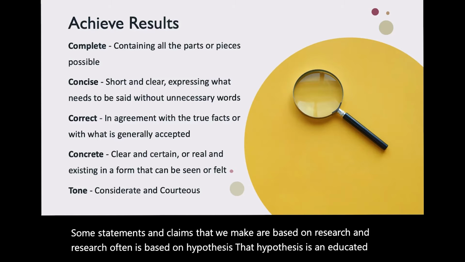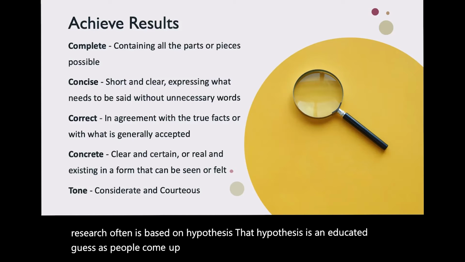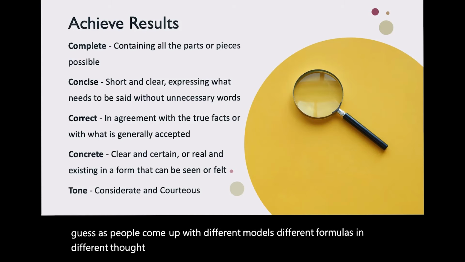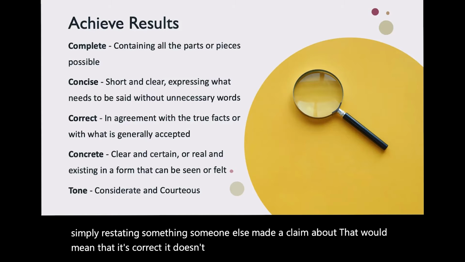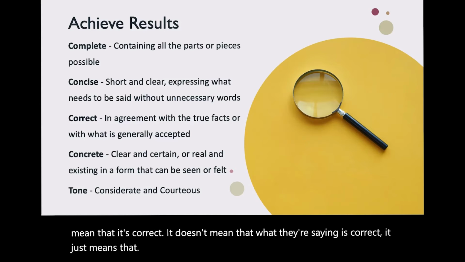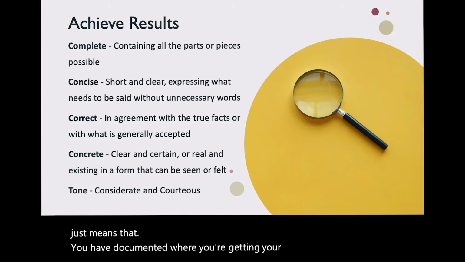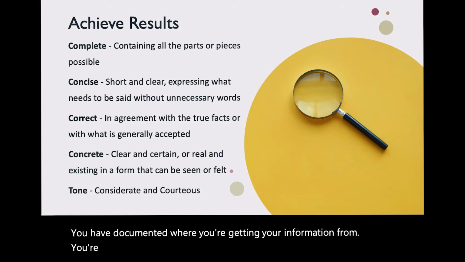As people come up with different models, different formulas, and different thought processes, your agreement with the true facts could be simply restating something someone else made a claim about. That would mean that it's correct. It doesn't mean that what they're saying is correct. It just means that you have documented where you're getting your information from. You're not just making up things to fill up the page.